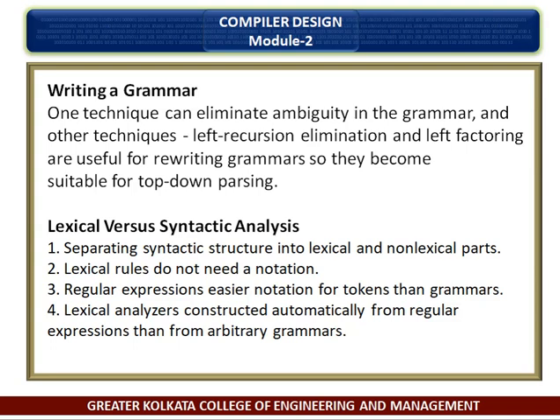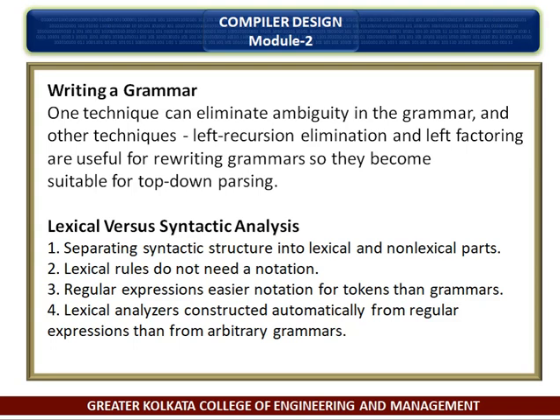This lecture begins with a discussion of how to divide work between a lexical analyzer and a parser. We then consider several transformations that could be applied to get a grammar more suitable for parsing.